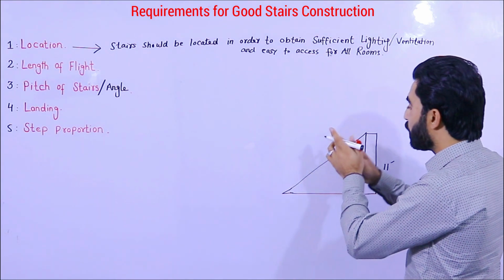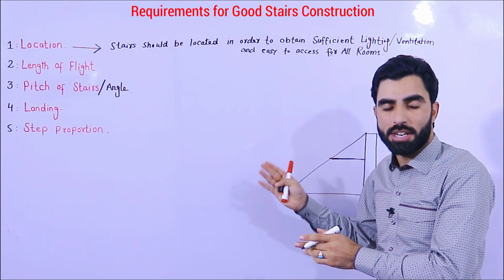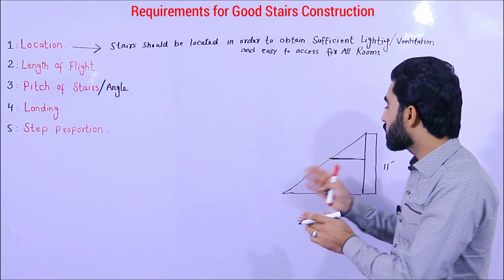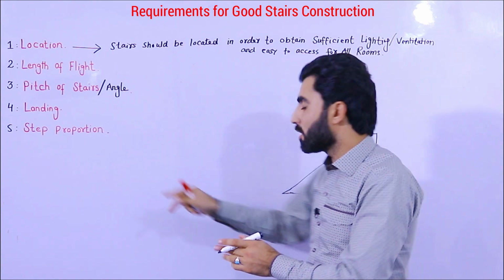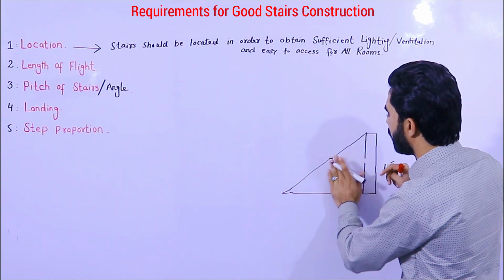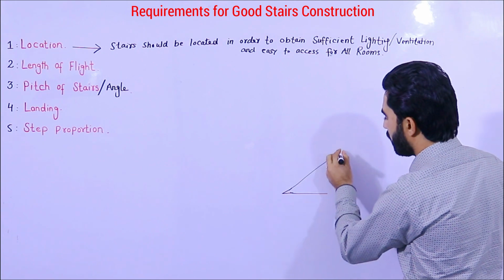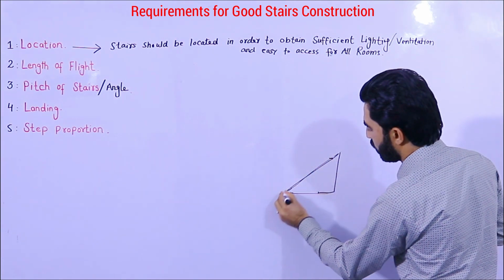After that landing, when we get more risers and treads, this is called the second flight. So the length of flight means this length from here to here. This is one flight.